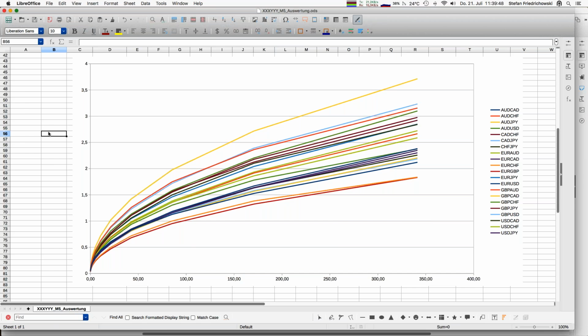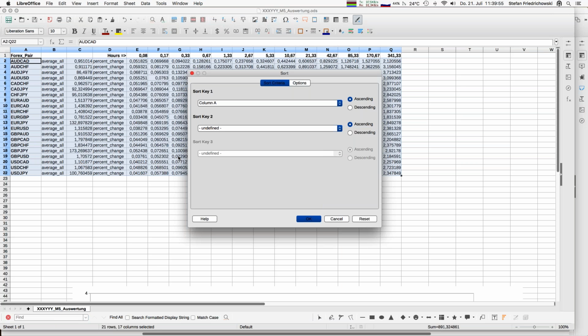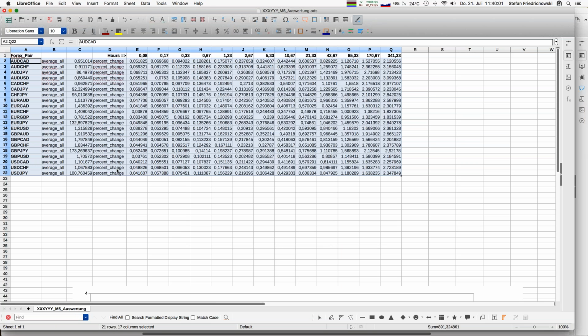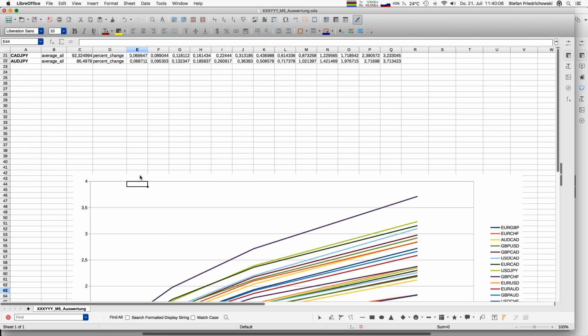So in order to get them sorted, I do it here online, and I quickly sort them to the value of 14 days. And then we have this kind of chart.